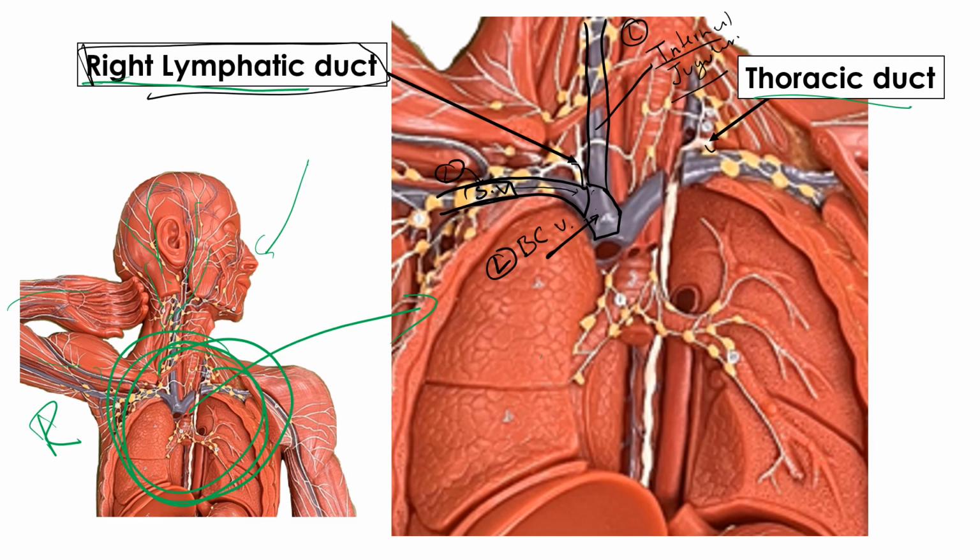So, the thoracic duct. Here is the, I'm just going to color over there. This will be the right subclavian vein, this one that goes here, and they cut it to show you that. That will be the right internal jugular vein, and then the right internal jugular vein and the right subclavian vein merge.